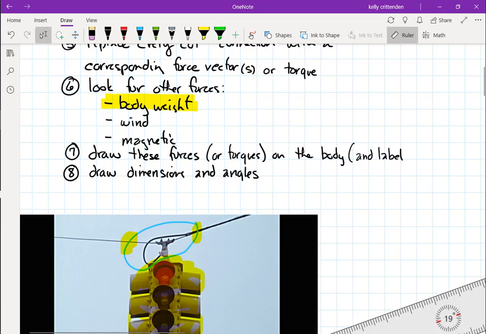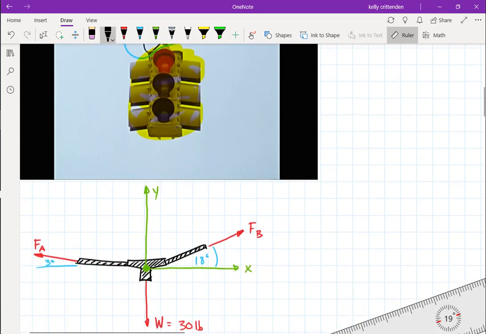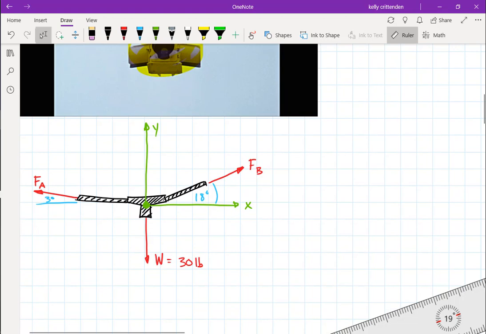So either you know their value, the weight is 30 pounds, or you give them a variable name, FA or FB, the force in cable A, the force in cable B. Otherwise, they're just arrows. You need to turn them into force vectors that have magnitude, even if the magnitude is unknown.